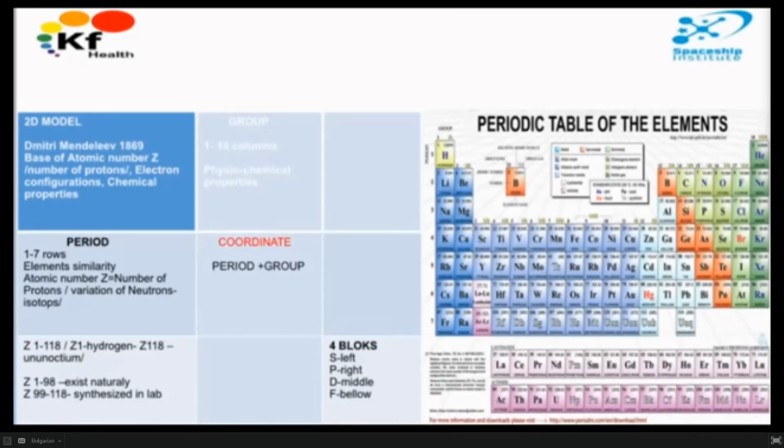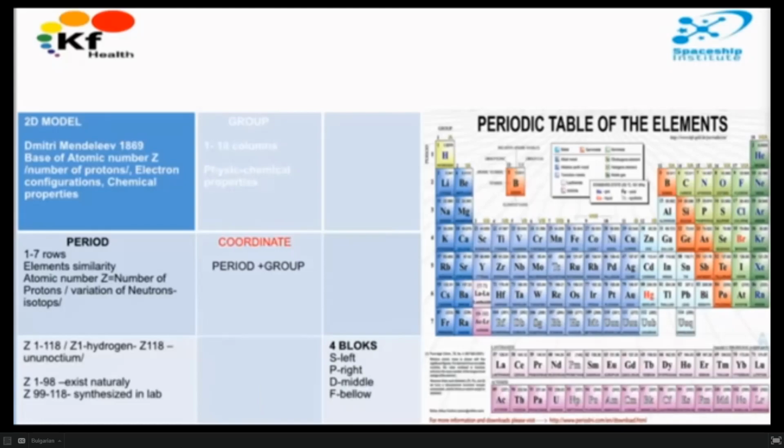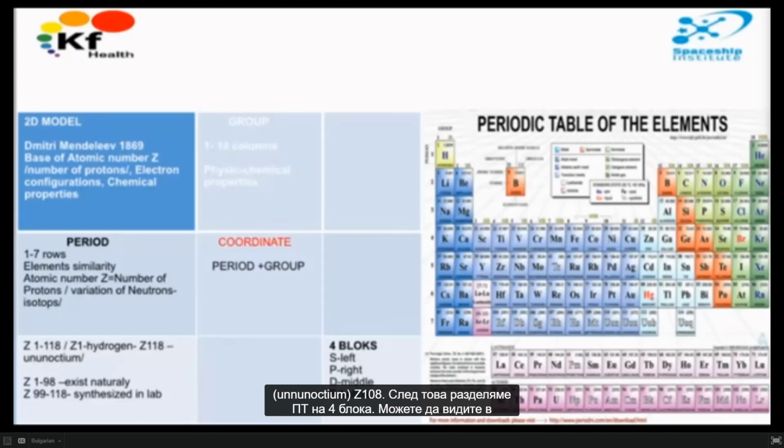Then atomic number Z goes from 1 to 108, started from hydrogen and finished with element 108, which is the last one added to the periodic table, and it is an octium.